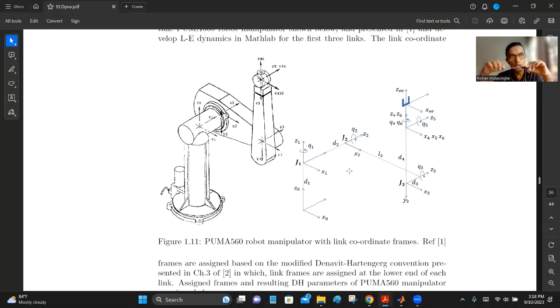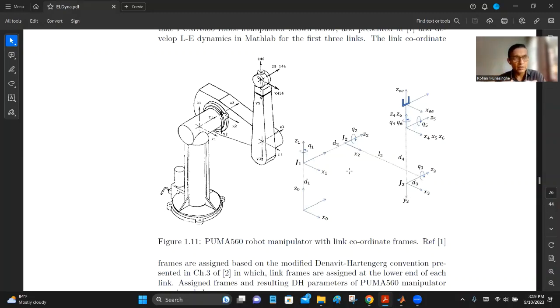But yeah, for standard kinematics, that's all right. But here, when you work with the dynamic models, you want to find out the center of gravity vector at this point with respect to the world coordinate frame. In that sense, it's a bit easier if you define your coordinate frame at the origin, or rather the lower end of the manipulator, not the upper end. So therefore, we're going to use a different coordinate frame convention here. We call it modified DH frame assignment, the modified DH table.